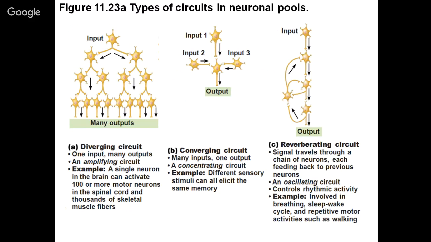In the reverberating circuit, the signal travels through a chain of neurons, each feeding back to the previous neuron. It's an oscillating circuit. It controls rhythmic activity. Examples are breathing, sleep-wake cycles, and repetitive motor activities.